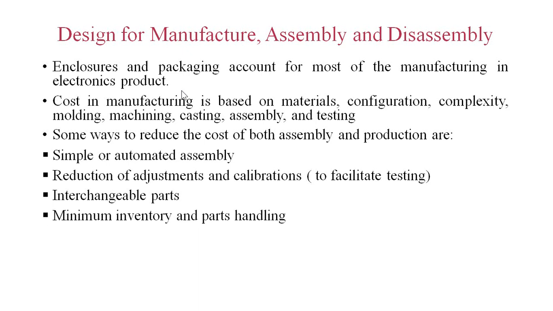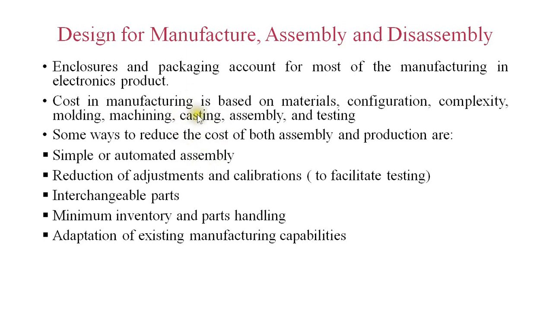Then there should be minimum inventory and parts handling. The inventory for the components in the design of the product should be minimum, and the part handling whenever you use that particular product should be minimum. Then adaptation of existing manufacturing capabilities. If you design the product by using existing manufacturers, then you have to adapt to those capabilities for manufacturing your product.